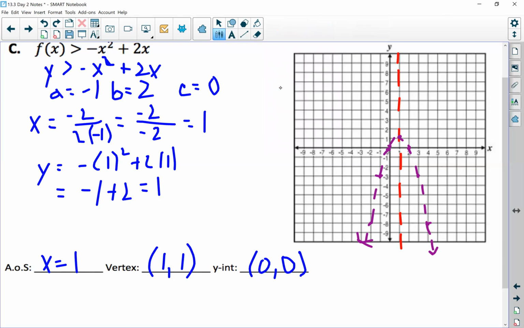Should I shade above or below? So we shade all of this.